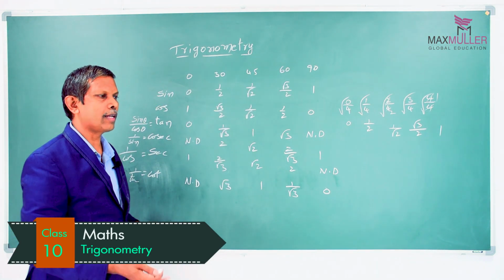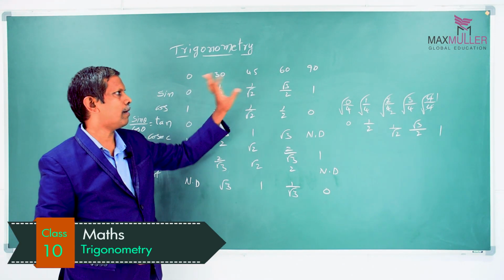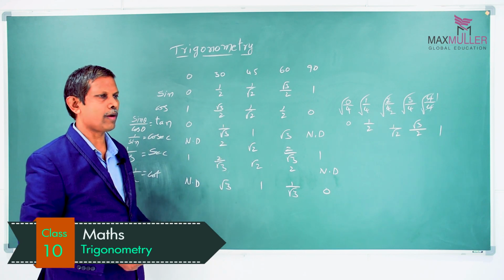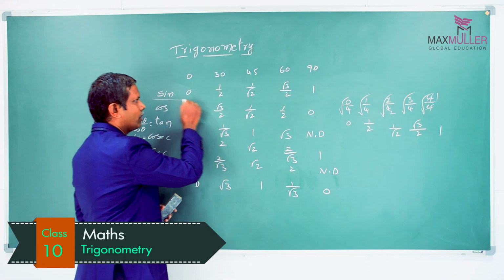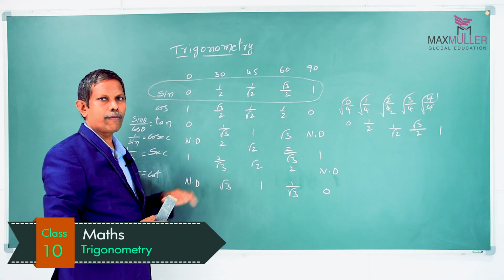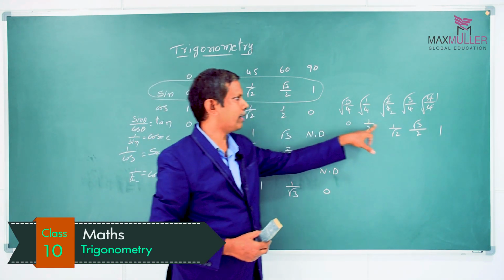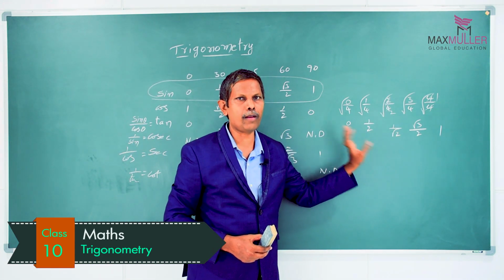After that you can find sin 15, 18, 20, 22 or whatever, but the minimum values we need to find out. How will we get these values? First you have to remember these sine values. After that we can catch all the values. I am also giving one hint on how to find the sine values.